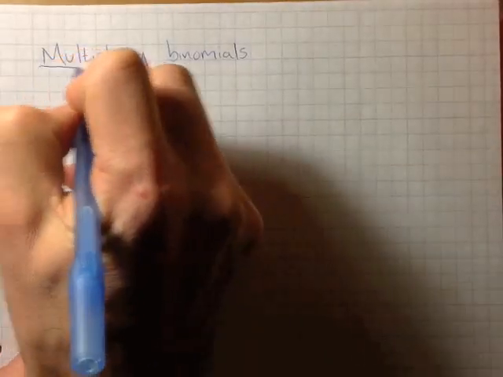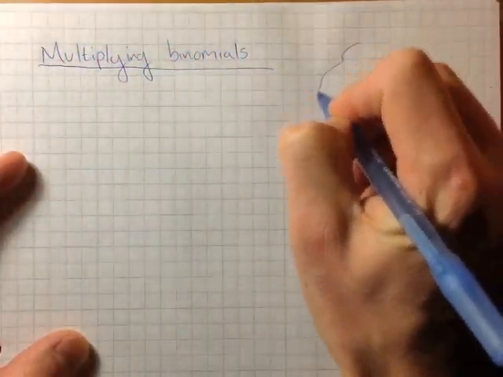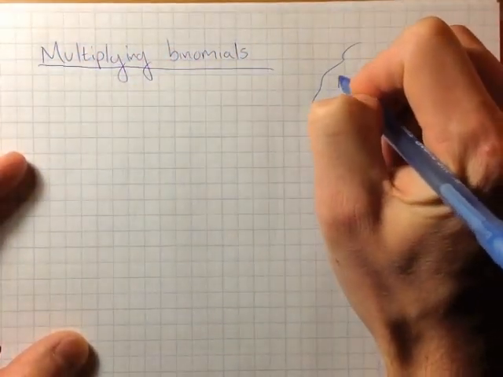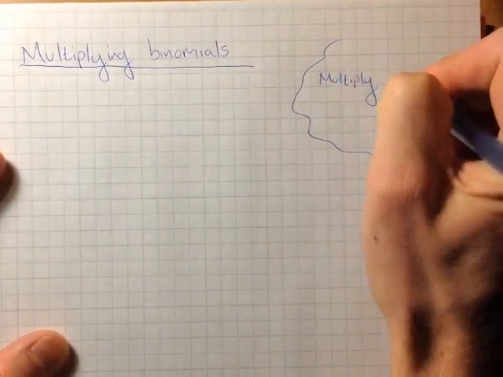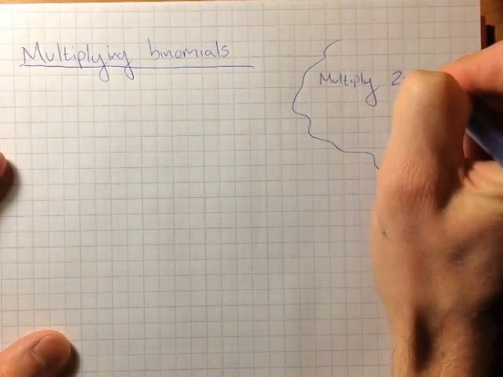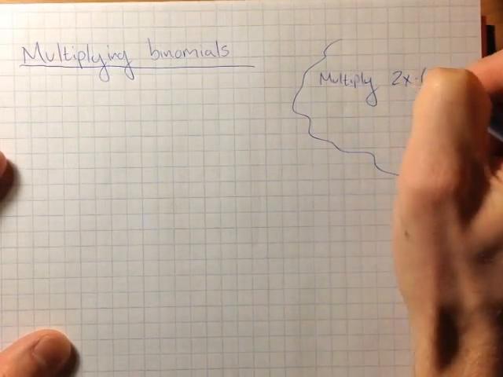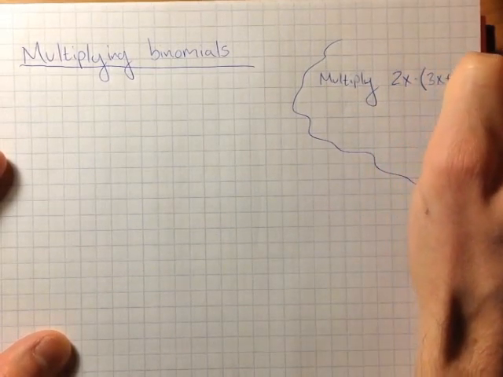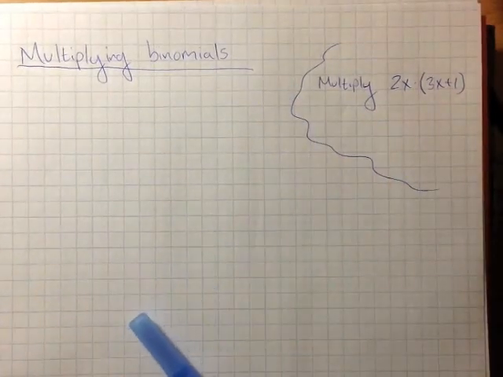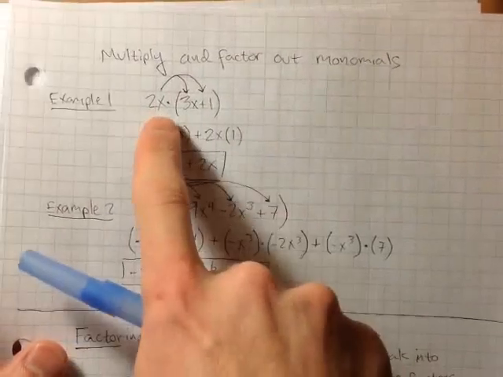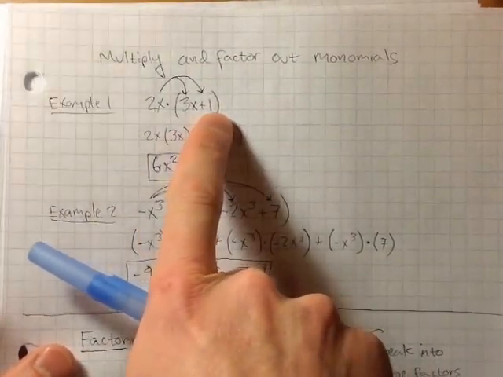Now, let's have a thought bubble real quick. If I ask you to multiply, let's say, 2x times, in parentheses, 3x plus 1, you should know how to do that. The reason I know you should know how to do that is because this is the first example from my last video.